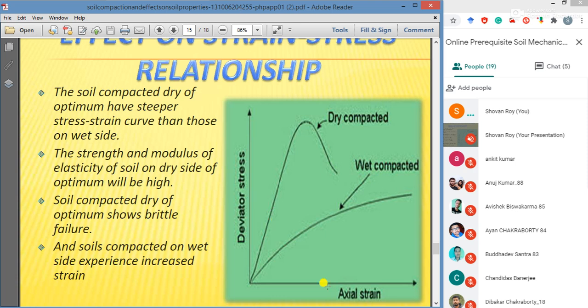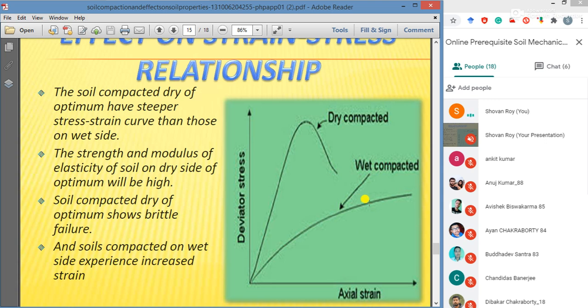So this is the stress strain behavior of the soil. This is the wet compacted, this is the dry compacted. And it is said in this figure that at the same density, soil compacted dry of optimum has brittle failure, while soil compacted wet of optimum has dispersed structure.